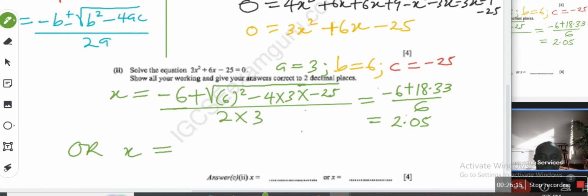For the minus, we now have, starting again with minus 6. Minus 6. So instead of plus here, I just apply the minus. So minus 18.33 over 6. So that gives us what?